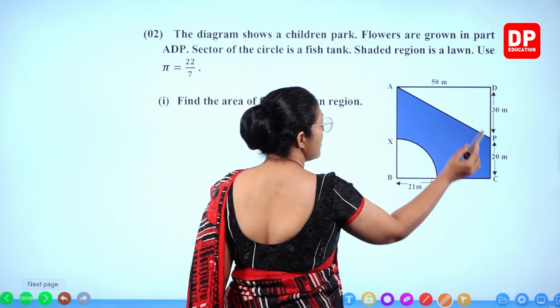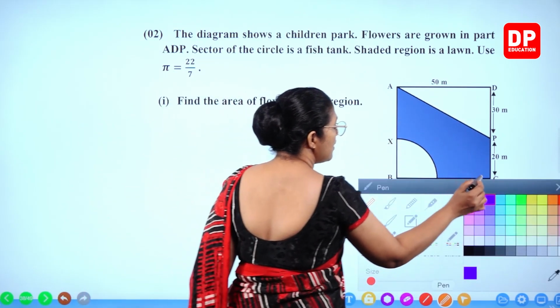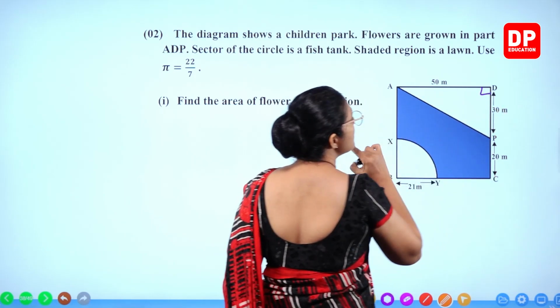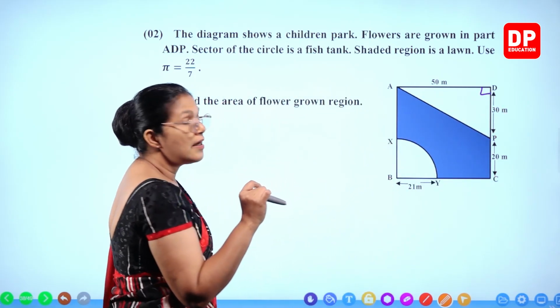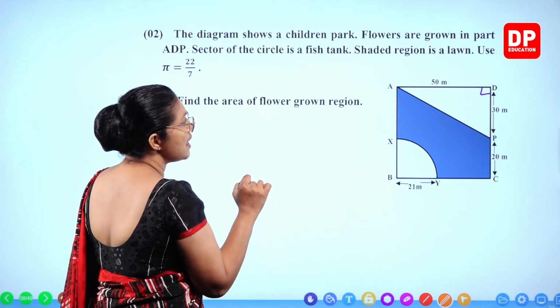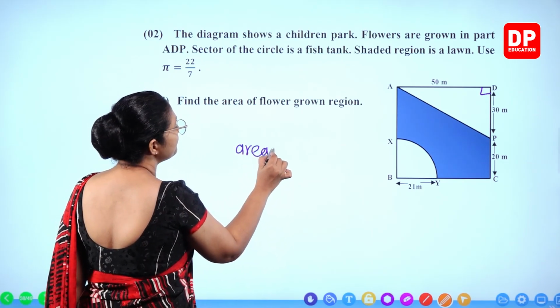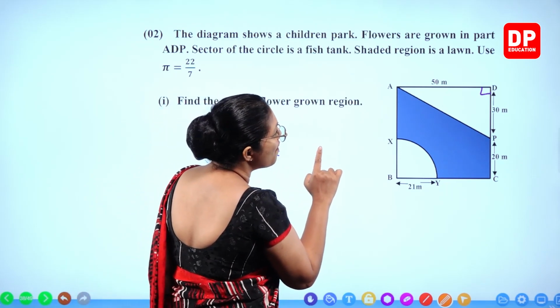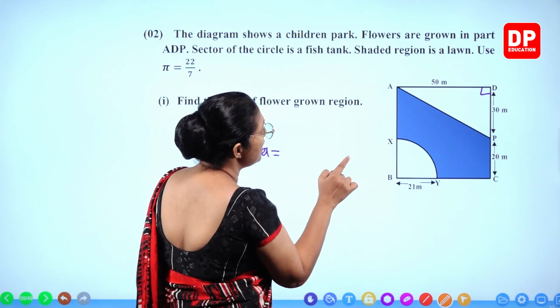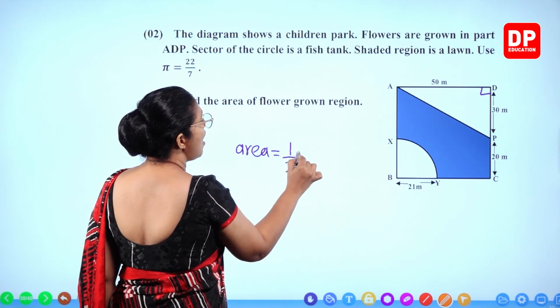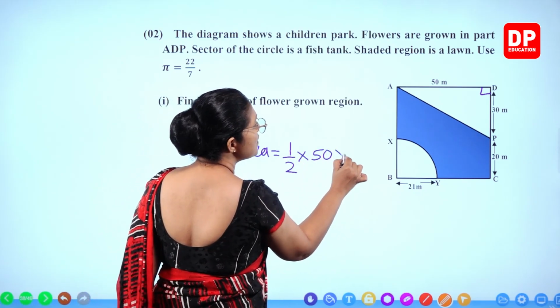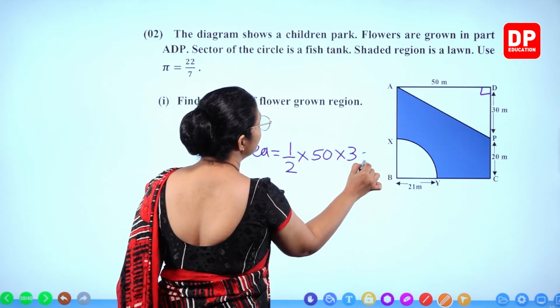So what is the area here? This is 90 degrees. So this is a right angle triangle. How do you find out the area of a right angle triangle? Base into height, 50 and 30, and multiply by half. Half into 50 times 30.